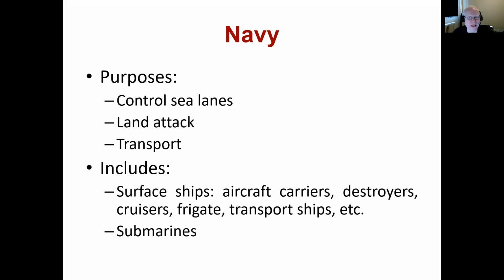Some of the more advanced navies would have ones that could fire quite far distances inland. So being able to support, say, either soften targets for the Army, or to provide support to the Army once the Army is already on the ground. Some naval ships are able to do that.